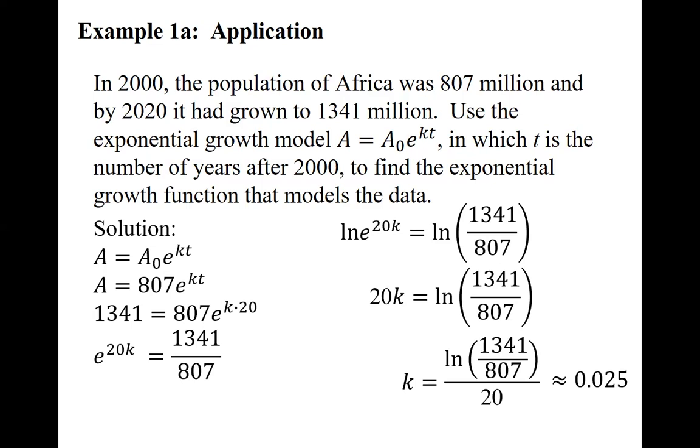But the function that models the data is going to be the function with our initial A and our k. We're going to leave A and t alone because that's what the function does. We plug in a t and we get out an A. So the model is just A equals 807 e to the 0.025t.